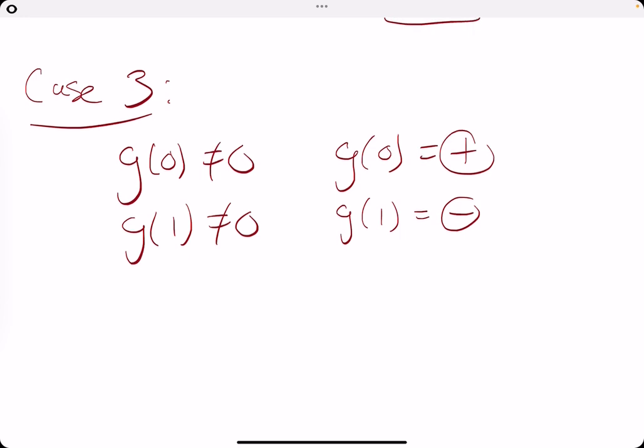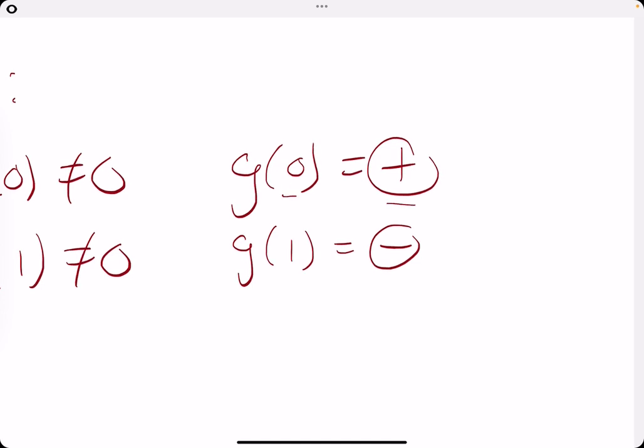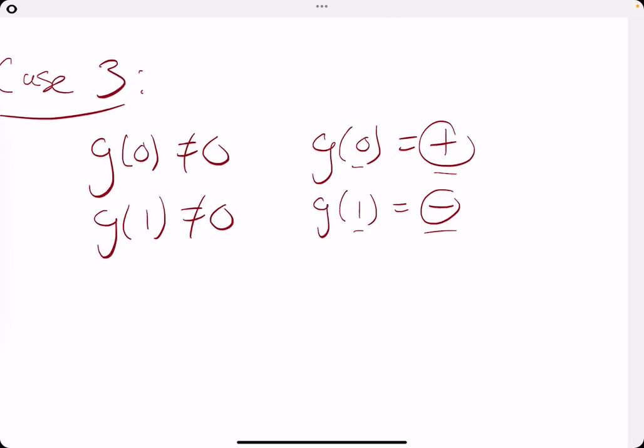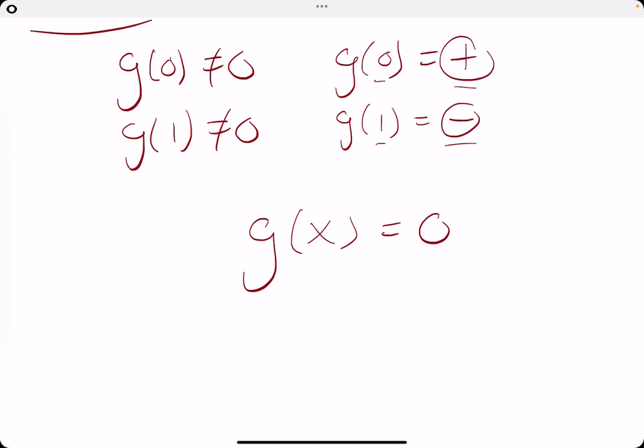So that means by the intermediate value theorem, if we plug in 0 and we get a positive, plug in 1 and get a negative, as long as g of x is continuous, that means that g of x is equal to 0 for some value on 0 to 1.